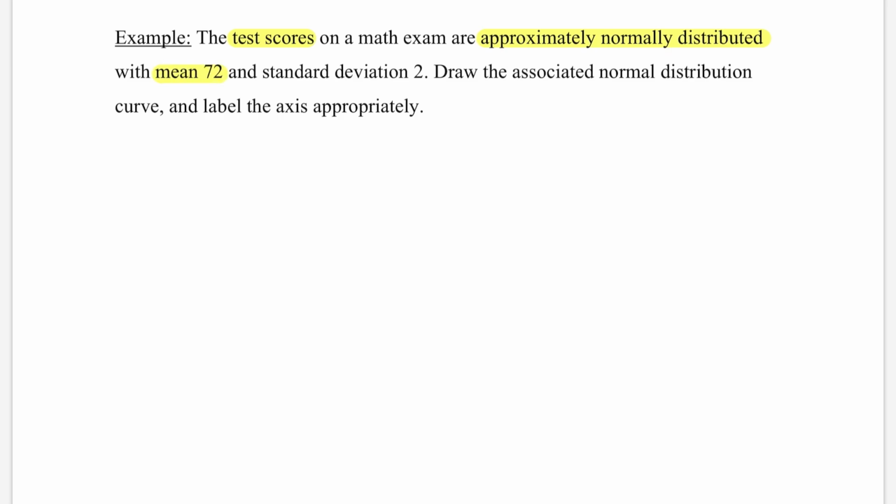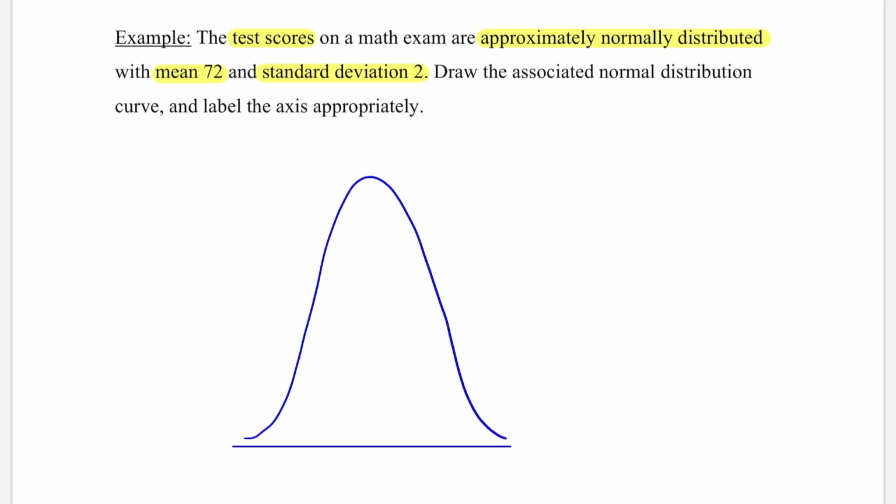Mean is 72, standard deviation is 2. Normal distribution curve has a bell shape, so I'm going to draw a bell. Let X be my test scores. The numbers on this horizontal line represent my X, which is the test scores.